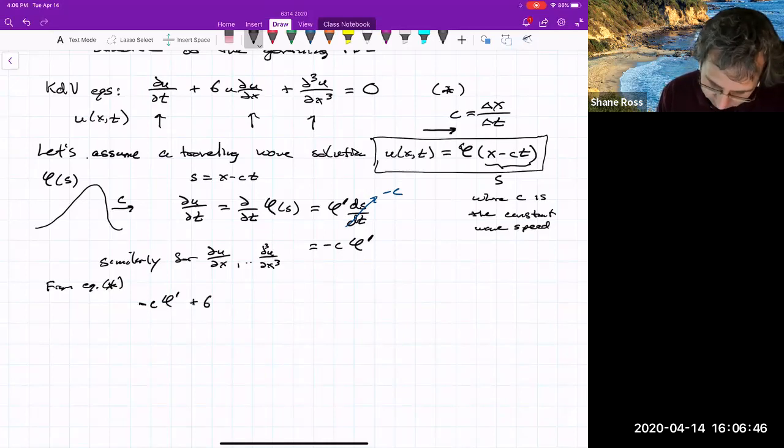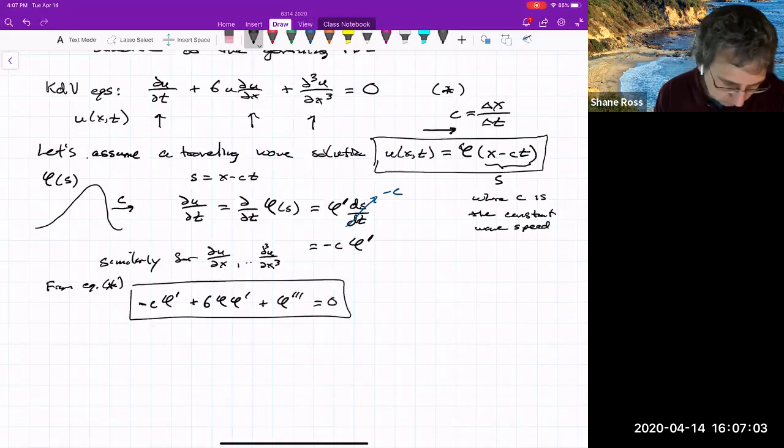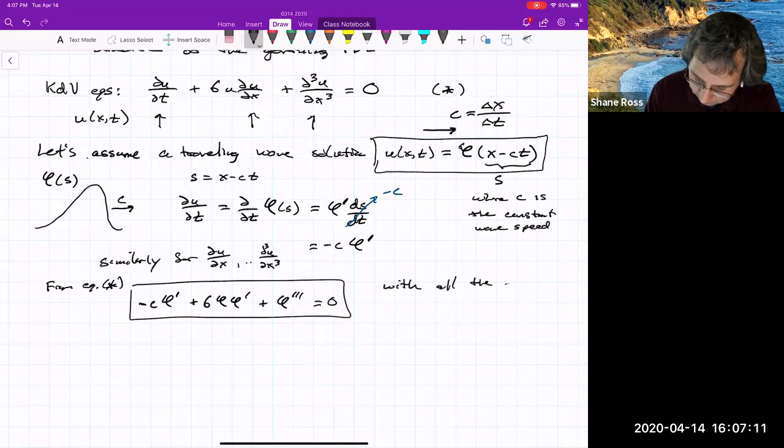And ordinary differential equations are infinitely easier to deal with. That triple prime means just triple derivative of phi with respect to its argument. We've got this, plus this inherits all of the boundary conditions needed to be physical.